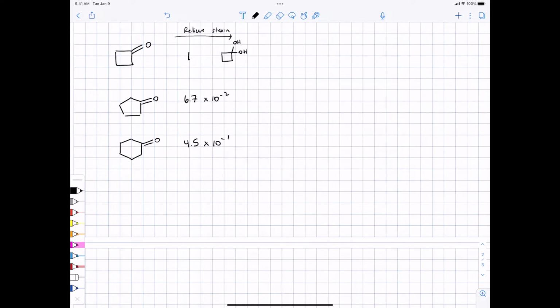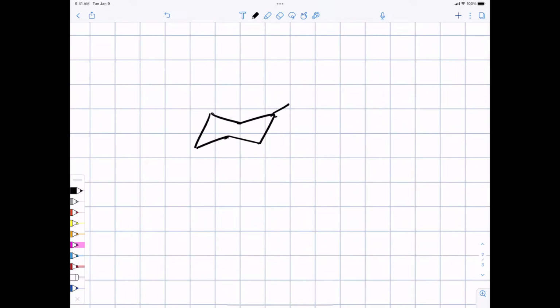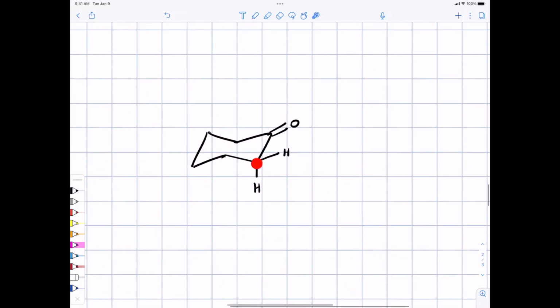So I'm going to draw cyclopentanone in a chair conformation. Here's the carbonyl group. And if we were to look down this bond between the carbonyl carbon and the alpha carbon, we would see that the oxygen and the hydrogen are nearly eclipsed.